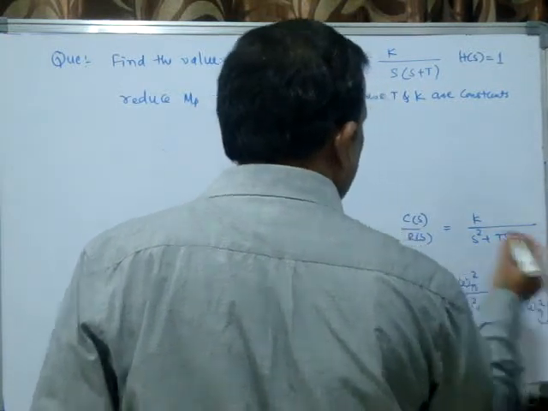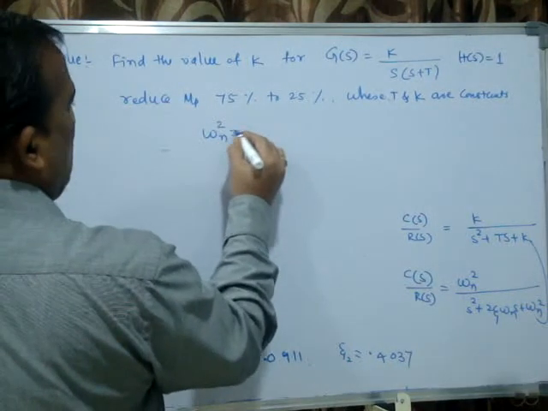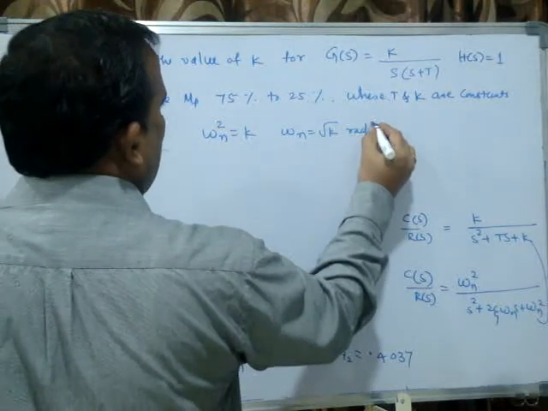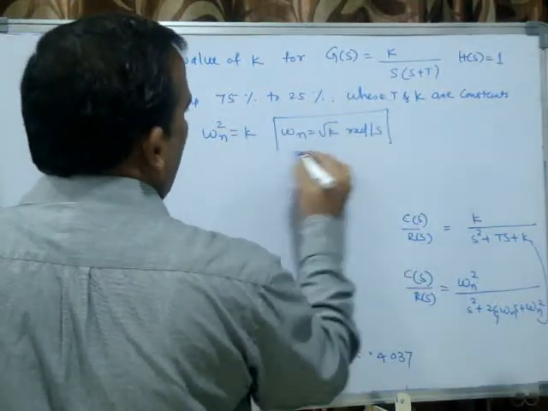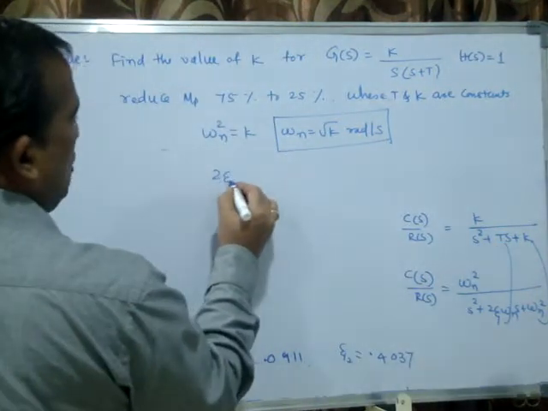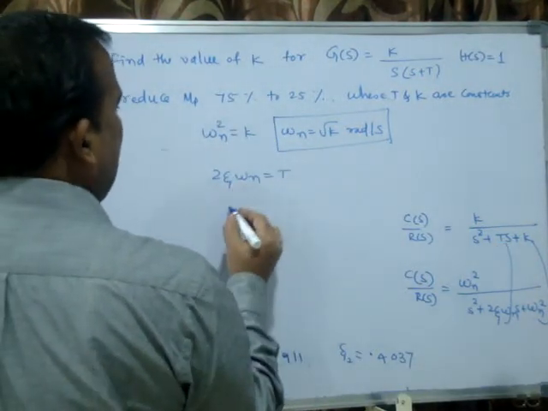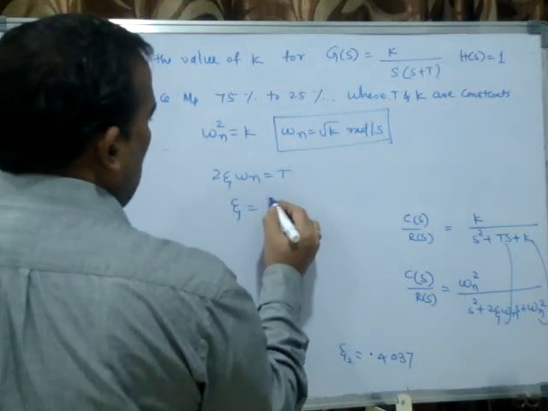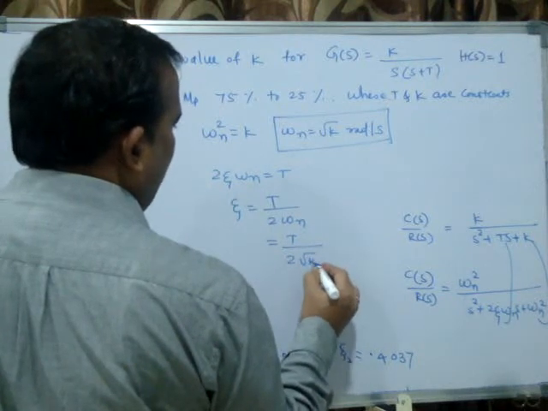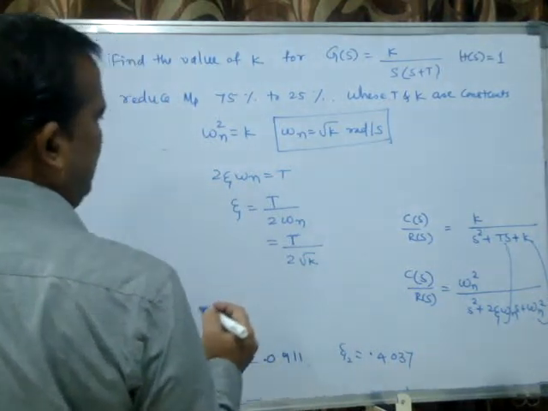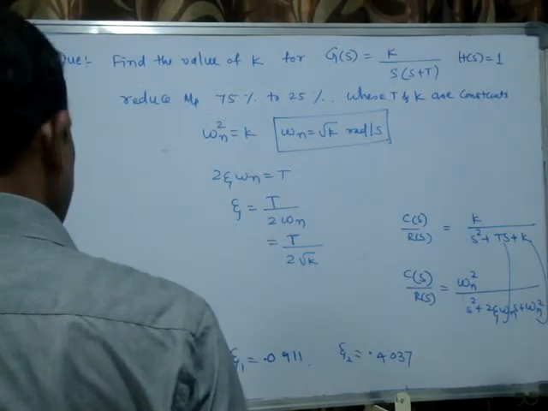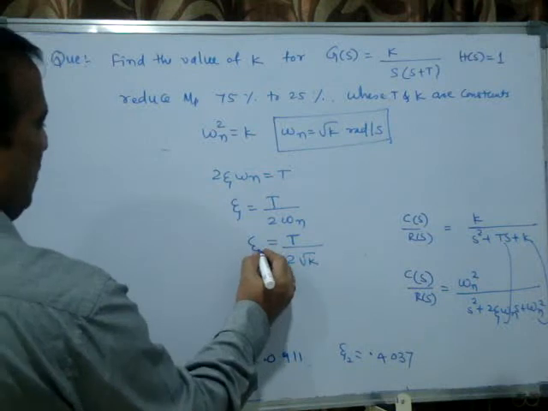Now you compare: omega n square is equal to k, so omega n equals root of k radian per second, plus or minus, you consider plus. You compare with the constant. Now you compare with the s coefficient: 2 zeta omega n equal to T, zeta is equal to T by 2 omega n. I know that omega n is root of k. So now I got the zeta value.